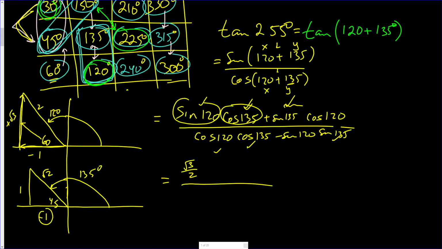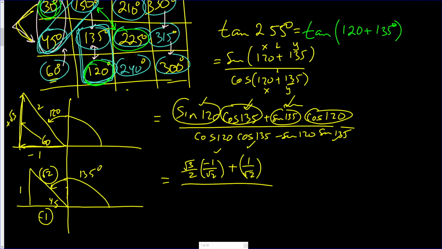Cosine is adjacent over hypotenuse, which is negative 1 over square root of 2. Plus the sine of 135, which is 1 over square root of 2.